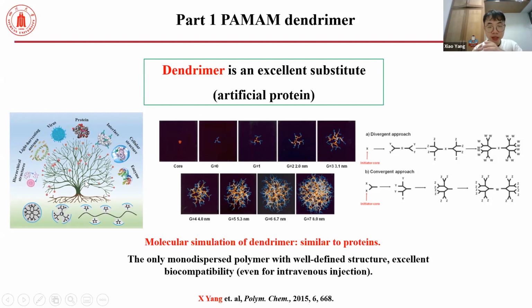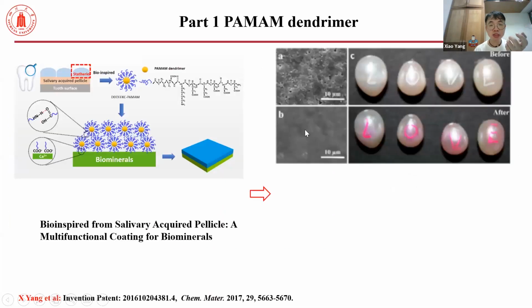PAMAM is a multi-branched polymer with well-defined structures and excellent biocompatibility. In my first research, we used DDDEEK to modify the PAMAM, and we used this material to treat biomineral surfaces such as HAP.